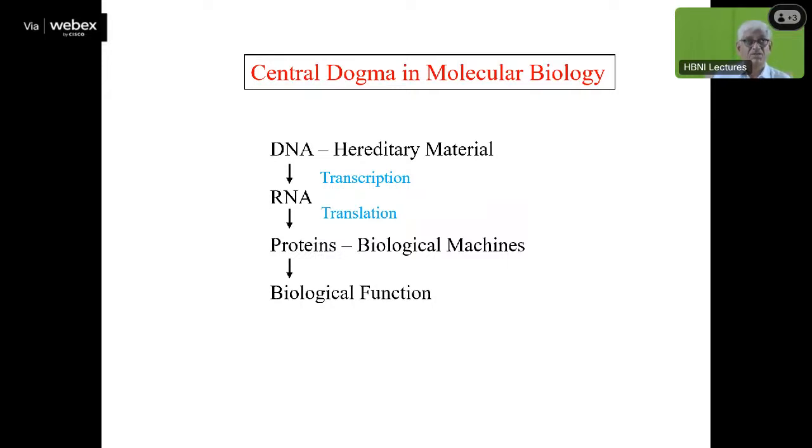DNA is the most fundamental molecule, which is the hereditary material. From the DNA you generate another kind of nucleic acid, which is called RNA. Typically this is called messenger RNA, and the process of information transfer is called transcription.